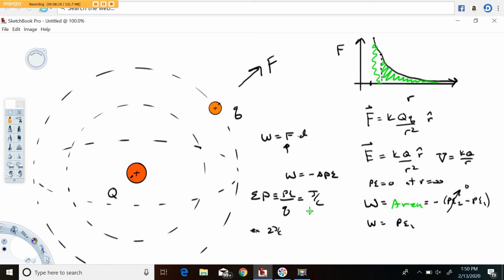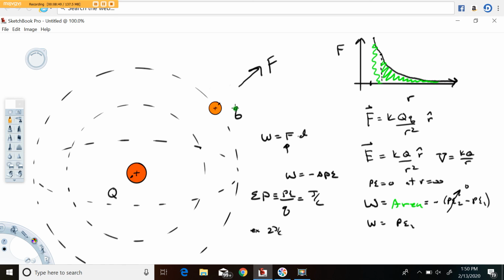It's effectively the work that will be done on a particle of charge Q if you release it from any position. It's the work done as this particle accelerates away to infinity with this charge divided out. And that's why it has units of joules per coulomb.